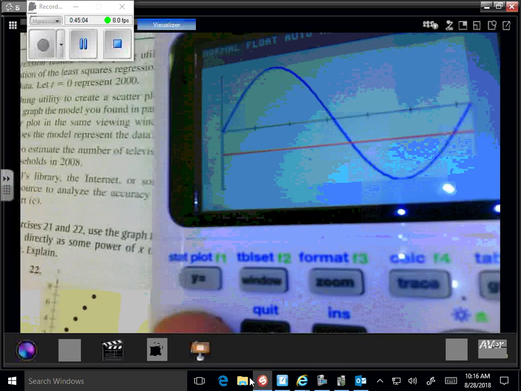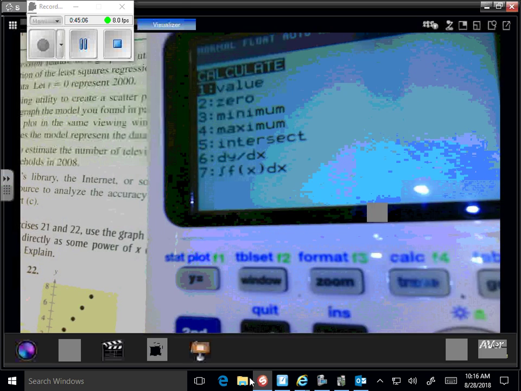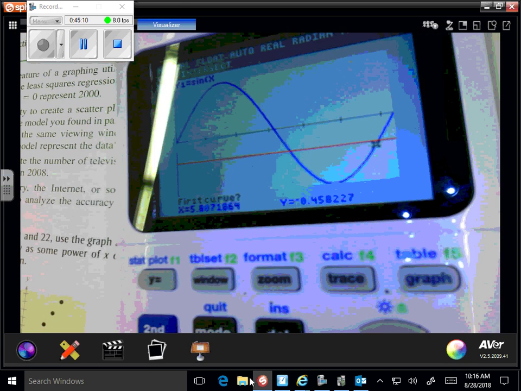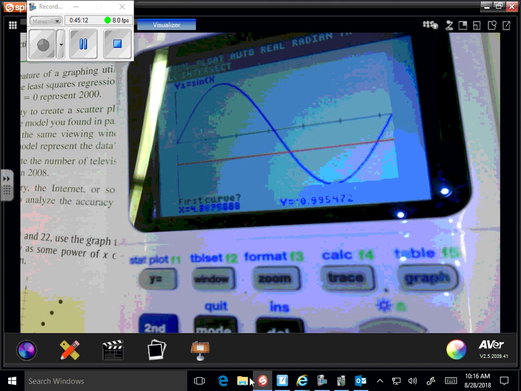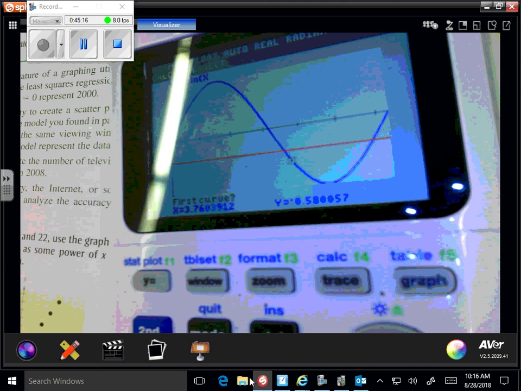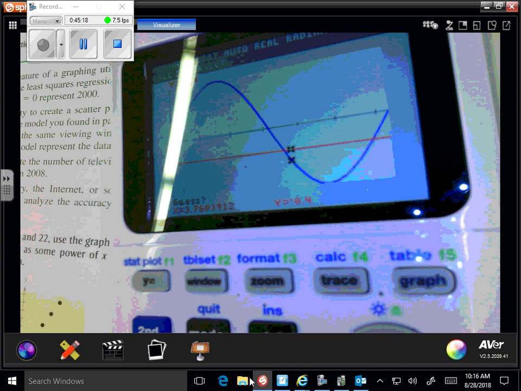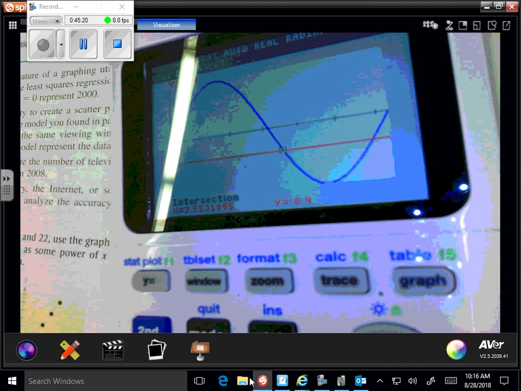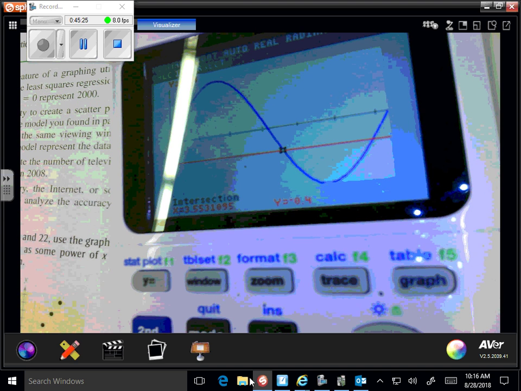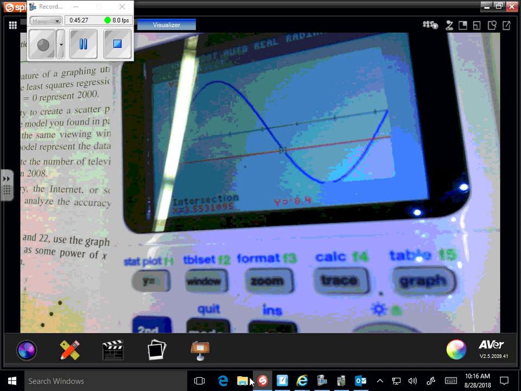If I go second, calculate, intersect, and I bring my calculator cursor close to that first point of intersection and hit enter once, twice, thrice, I get 3.553. Okay.